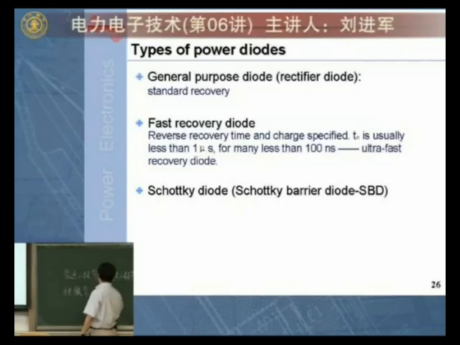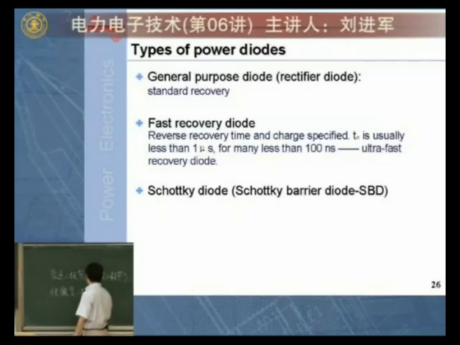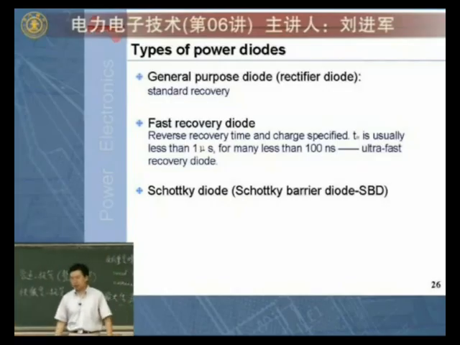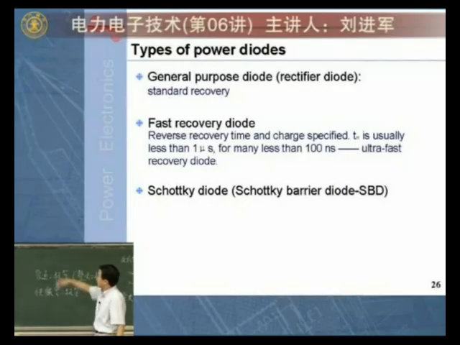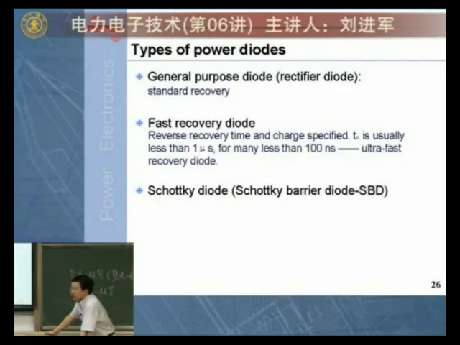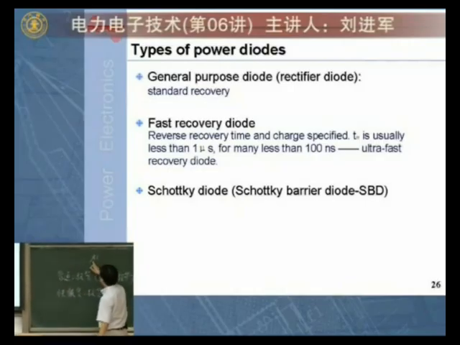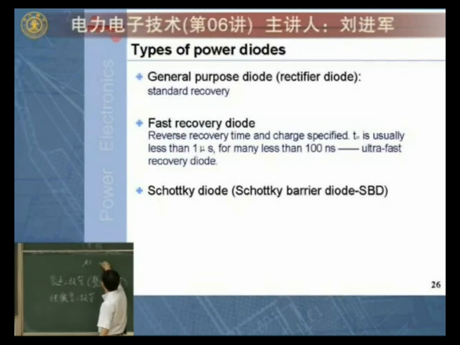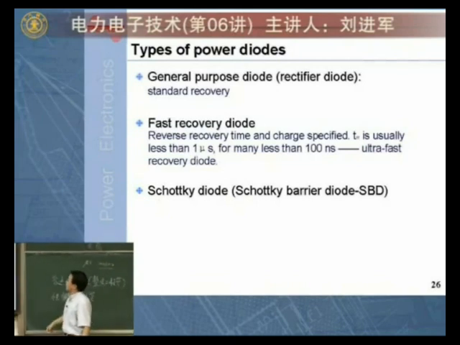Fast recovery diode means the reverse recovery time is much shorter than a standard power diode. Okay, it could be that the reverse recovery time is usually less than 1 microsecond, and many are even less than 100 nanoseconds.